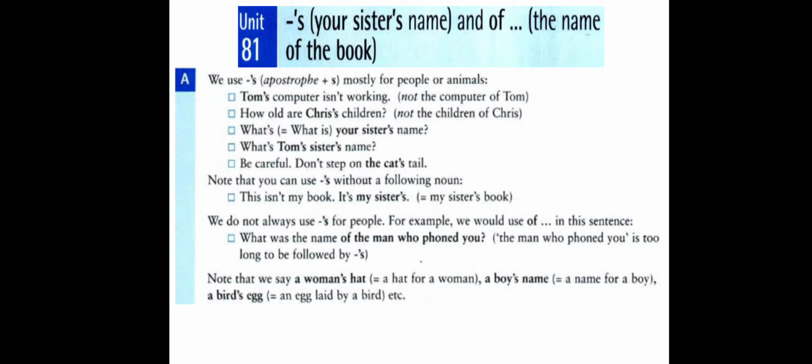How old are Chris's children? Here Chris is singular and ends with S, so there are two possibilities for that. The first one is mentioned here in this book, Chris's, so we add apostrophe plus S. Or the other one, you can add apostrophe only, but still you pronounce it as Chris's.